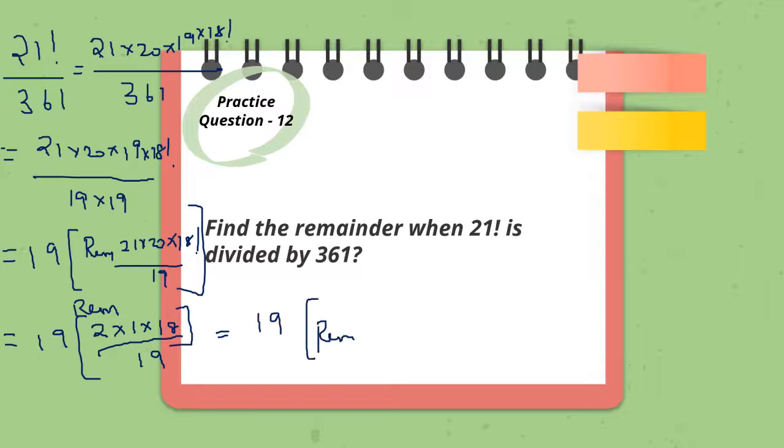So 36 divided by 19 will leave us, I think, 17, because 38 will be the next multiple. So it should leave 17. So 19 into 17 is your answer. So let's multiply 19 into 17. We will get 323 as your answer.